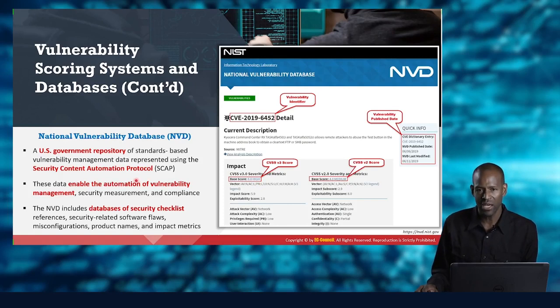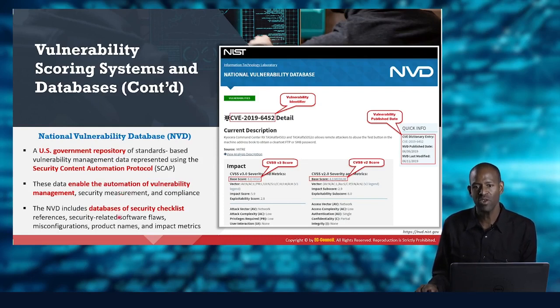We're looking at NVD, which I was mentioning before, the National Vulnerability Database. It's a nice little government repository from the United States that has vulnerabilities, has SCAP, which is the Security Content Automation Protocol that's used to represent these. And it enables automation, enables vulnerability management.